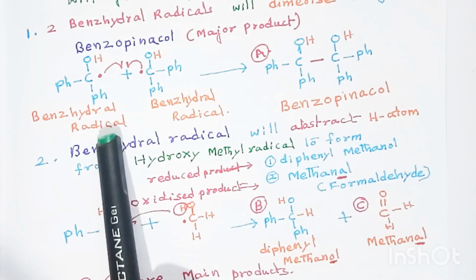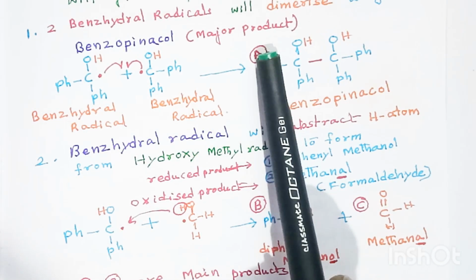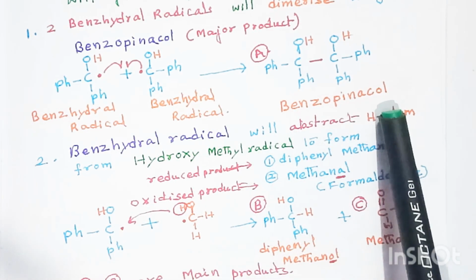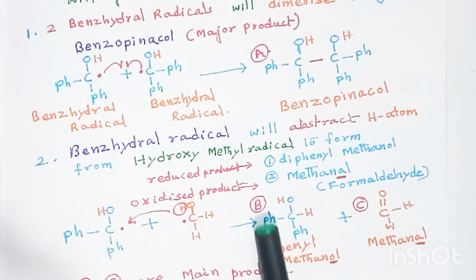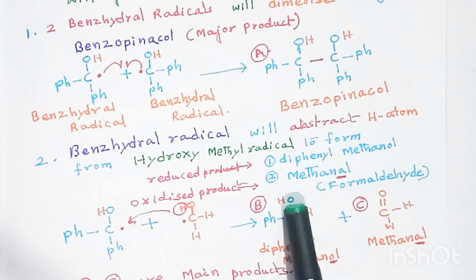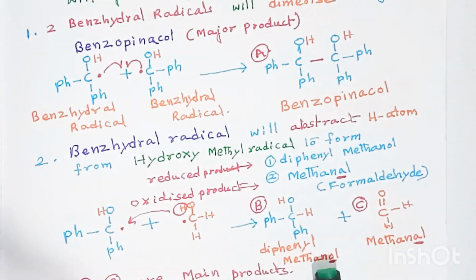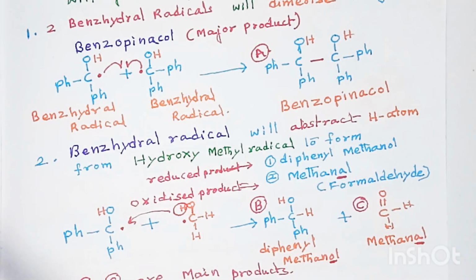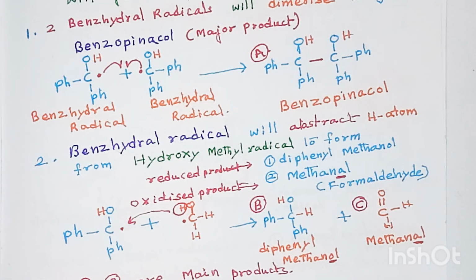Up to now, this product A, that is benzopinacol, product B, that is diphenylmethanol, and C, formaldehyde, these are the main products of this reaction.